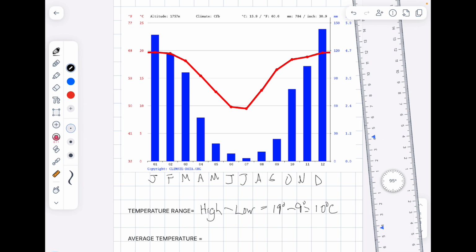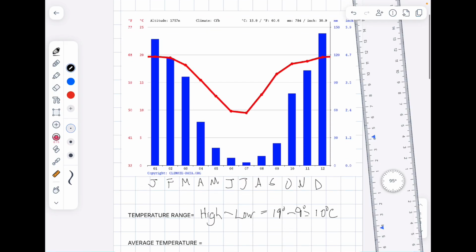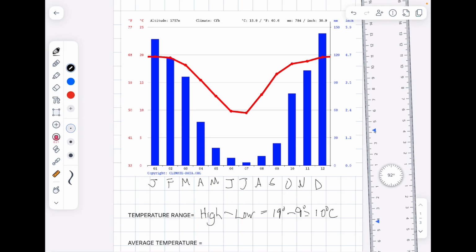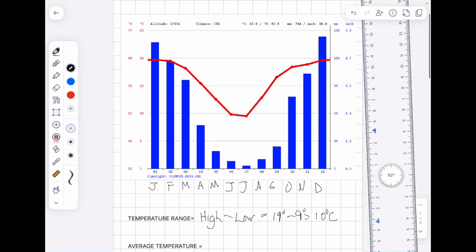We've taken the high and we've minused the low. That's quite a high temperature range, and that's because Joburg is so far inland. It's far from the ocean, and the ocean is able to regulate temperature. That's bringing up the section you learnt about climate and climate regions and different factors that influence climate.